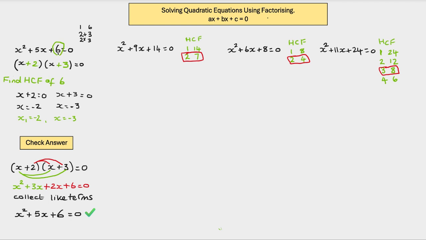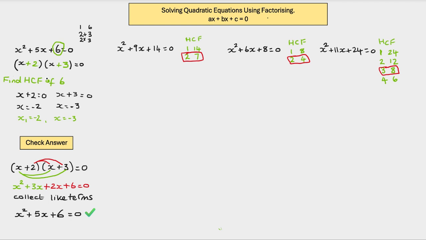So you've got to make sure they add together to make the first lot of numbers, and you've got to multiply them to get that one. So when you put them in the brackets, it's a 2 and a 3 there, a 2 and a 3. If I add the 2 and the 3, it equals 5, and if I times it, 2 times 3 equals 6.